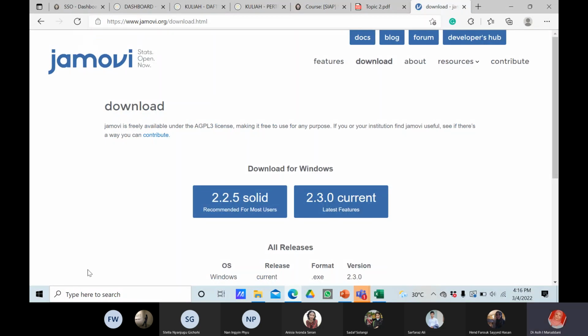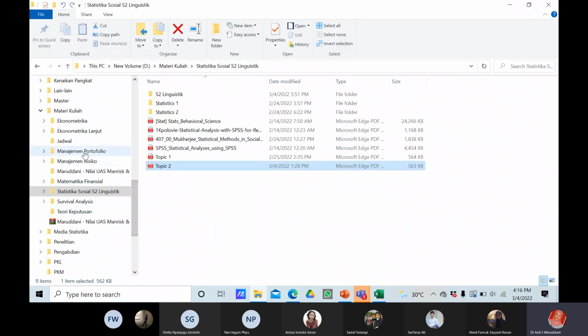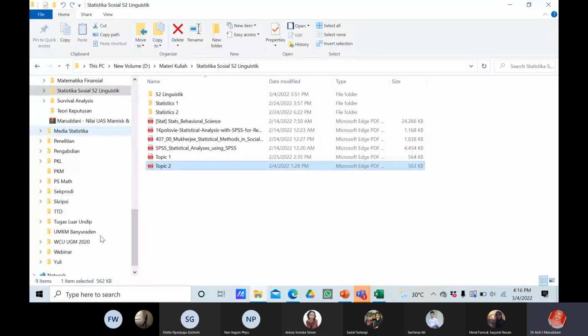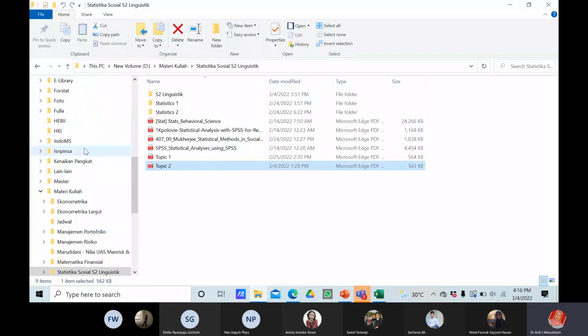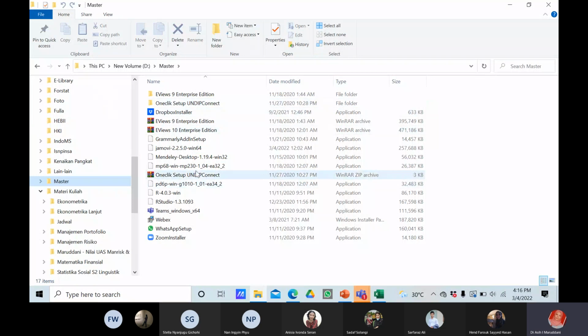Then you click the Jamovi Master. After it is downloaded to your computer, you have to click the Jamovi Master.